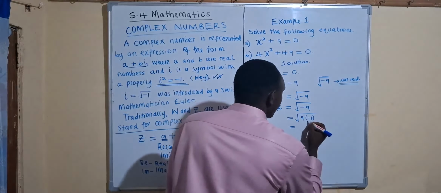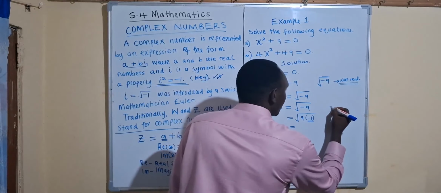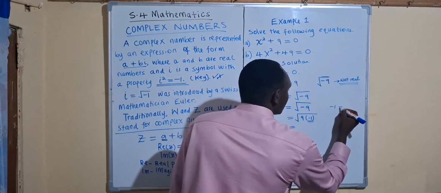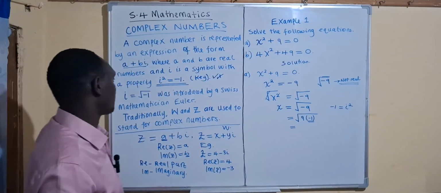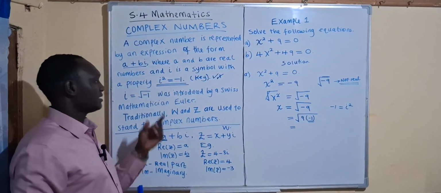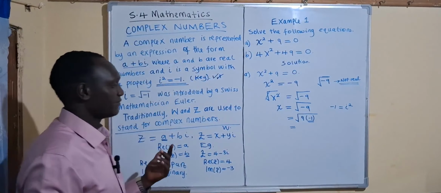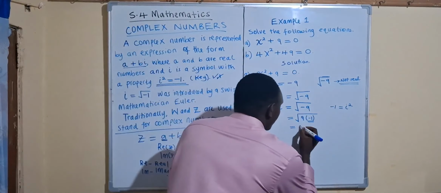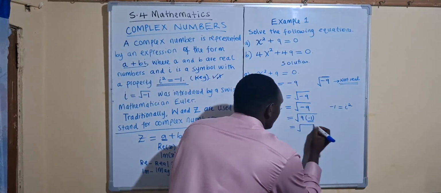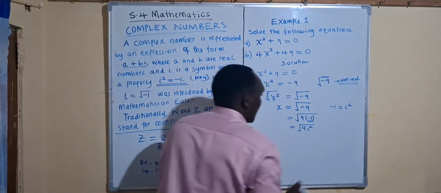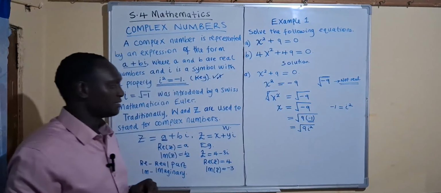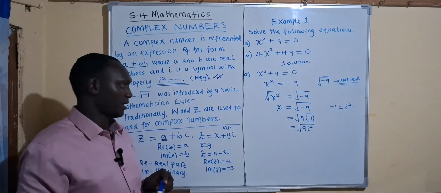But what is negative 1? We have said that negative 1 is the same as i squared, from Euler's property, which says i squared equals negative 1. So we substitute for it, and we have the root of 9 i squared, where i squared denotes the negative 1.